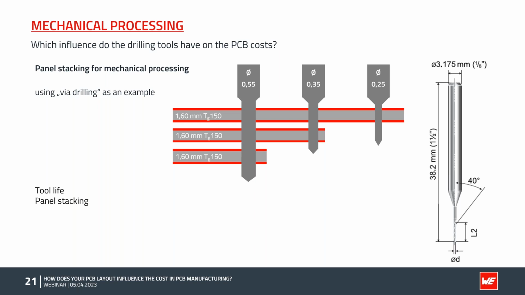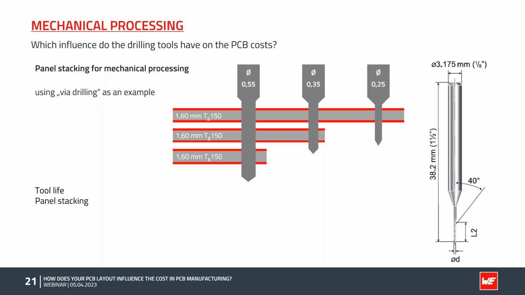So even if we could do it due to tolerance reasons or whatever, this length L2 is, for the smaller bits, just too short to drill 2 or 3 or more panels in parallel by stacking them on top of each other. Another thing would be the stability of the tool.